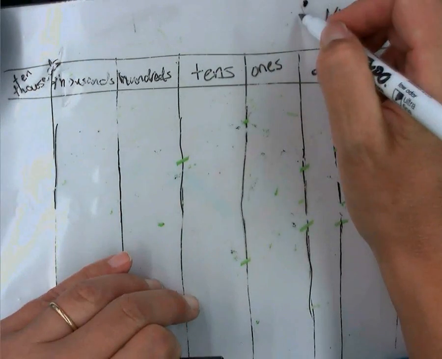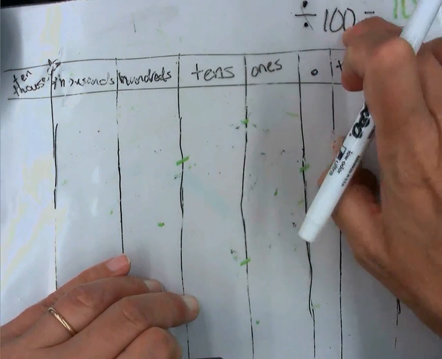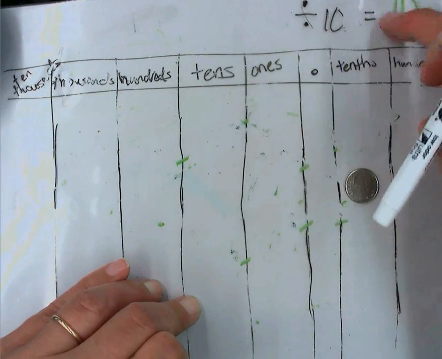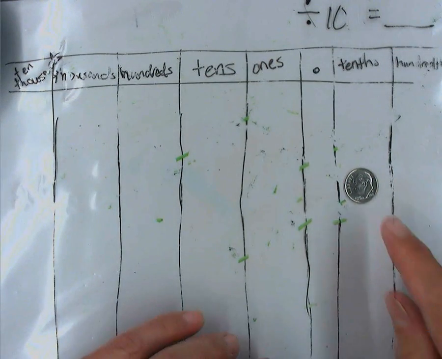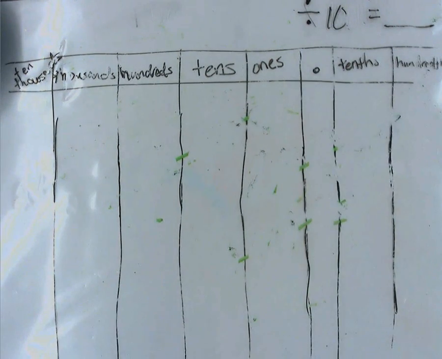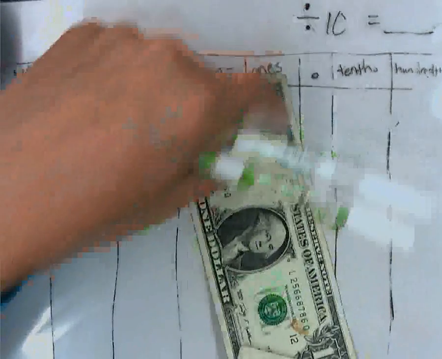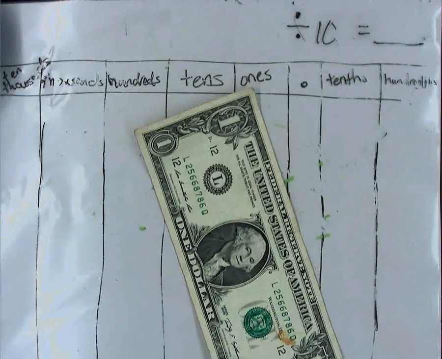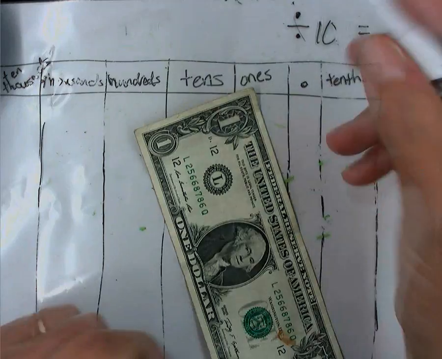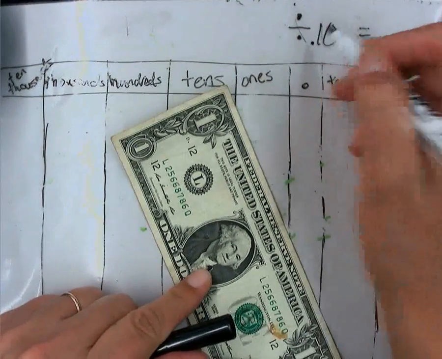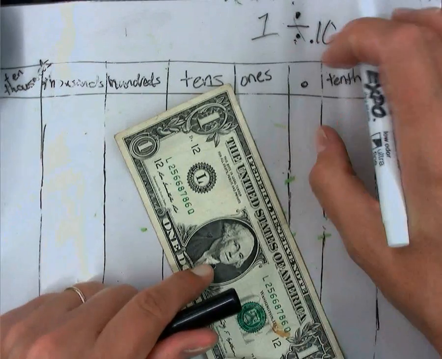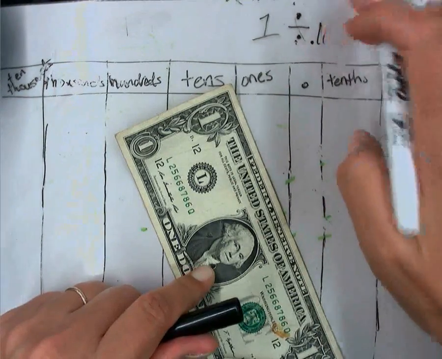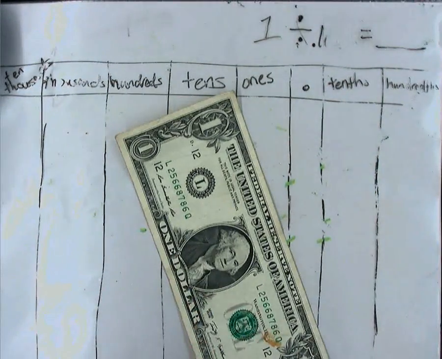So if we were going to divide by 10, the place value is going to go the other direction. So if we divided, for example, this whole by a tenth, we've got 1 in the 10th place. What's going to happen is it's going to go the other direction.